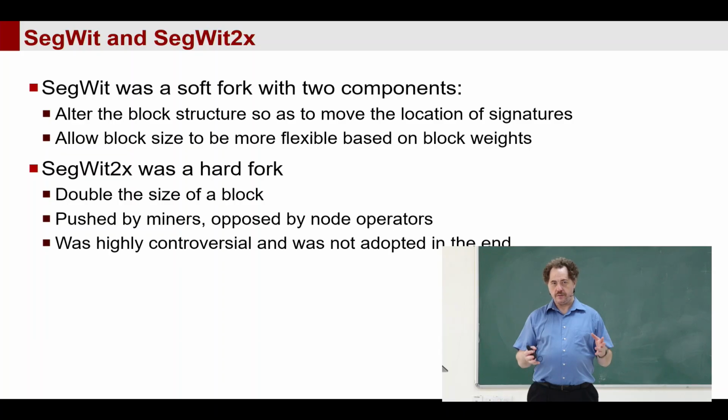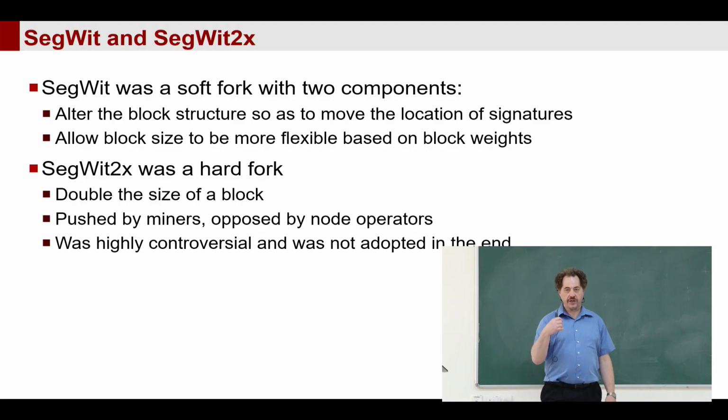Well, there is a positive side and a negative side. The positive side is that we would be able to include more transactions in a single block. Therefore, in the best case, we should be able to increase the transaction rate, the transaction throughput.